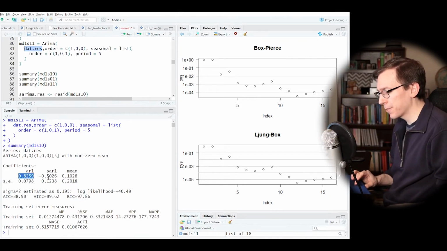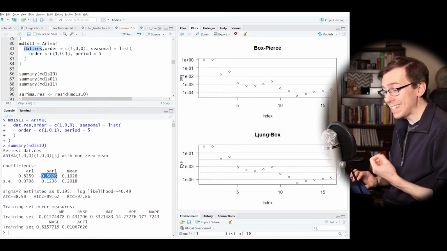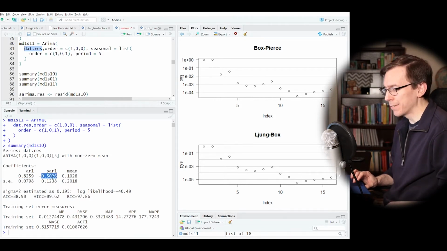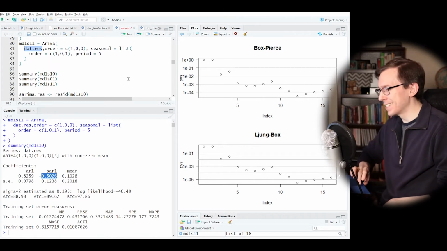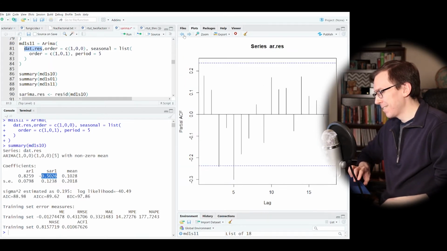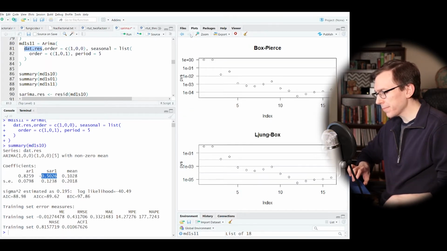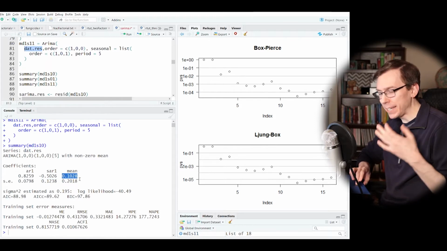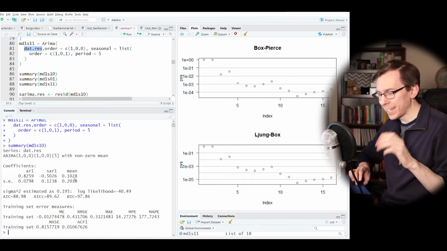Note that now we have 3 parameters being fit. We have the AR1, again a pretty big value compared to its standard error. We have the seasonal AR1, which in this case is negative, which makes sense because we saw a negative spike in the other residuals. And then we have our mean, which still looks pretty insignificant, but that's okay.